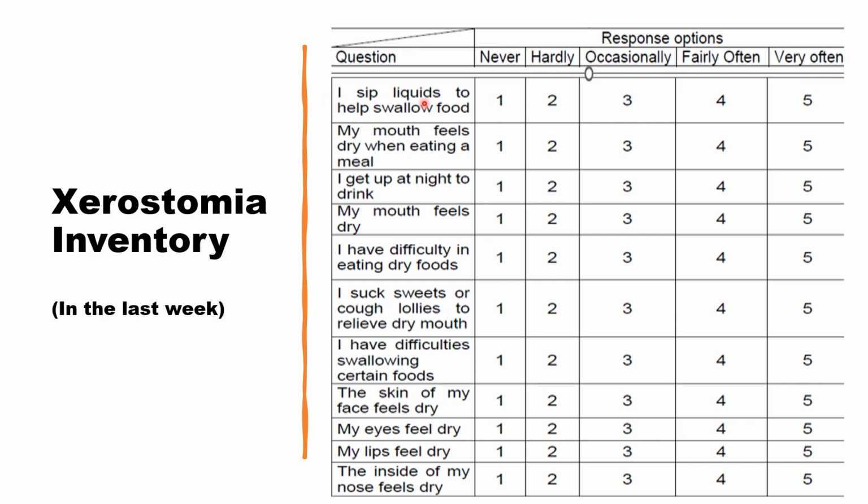Basically, these are the sense of dryness in the mouth and how they attempt to alleviate it by sipping liquids, for example, or sitting up at night to drink, or having to suck sweets or candies, or if they have difficulty with eating dry food or certain types of food, or if they feel the skin of their face or their eyes or the lips or the nose are dry.